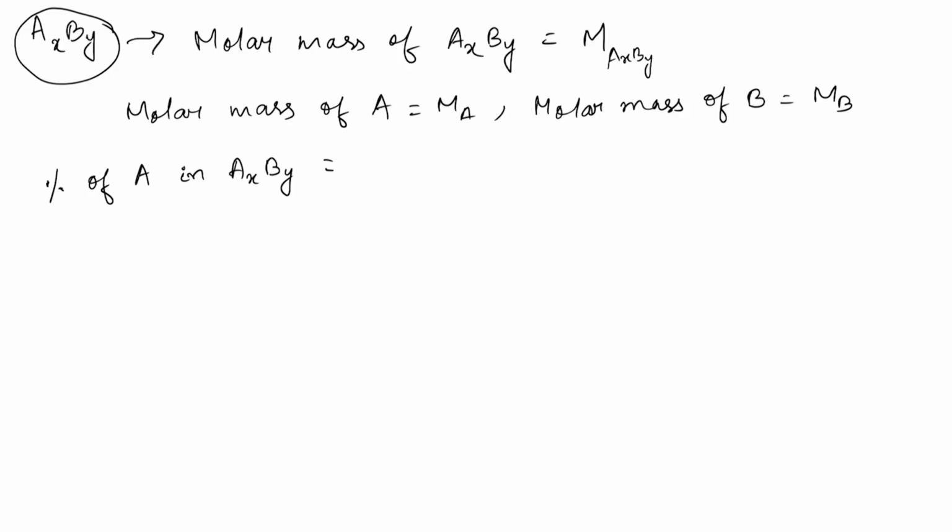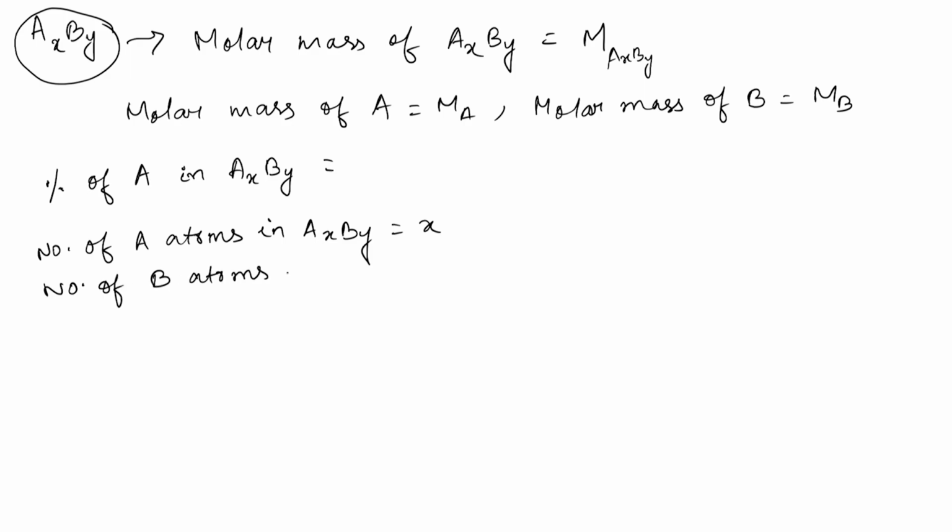So, in AXBY, the number of A atoms is X and the number of B atoms is Y, right?